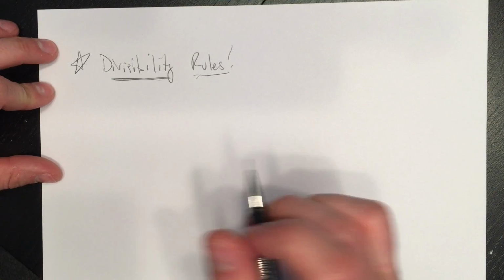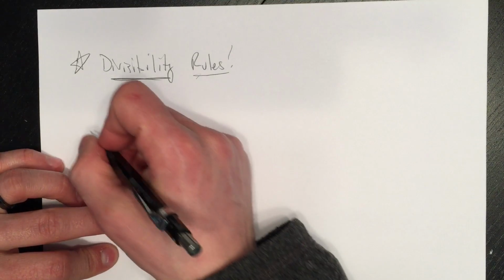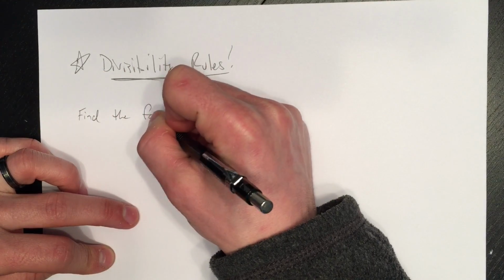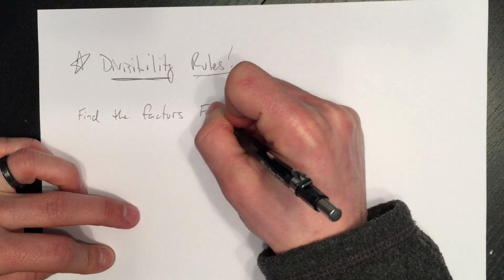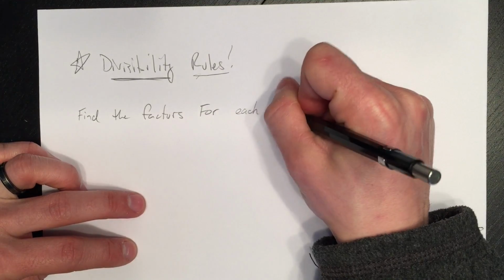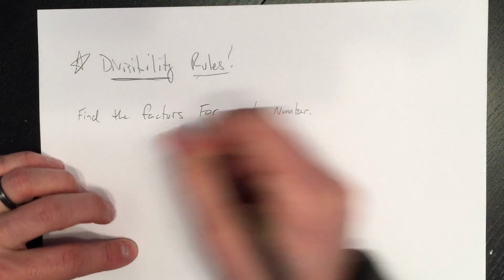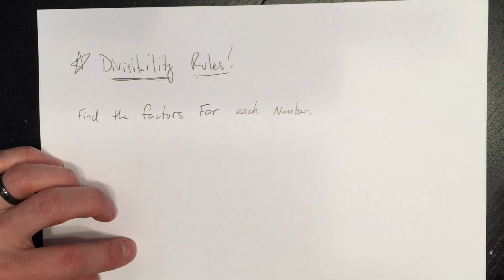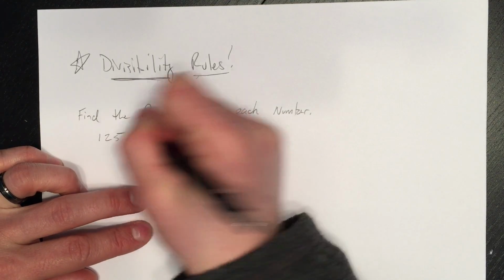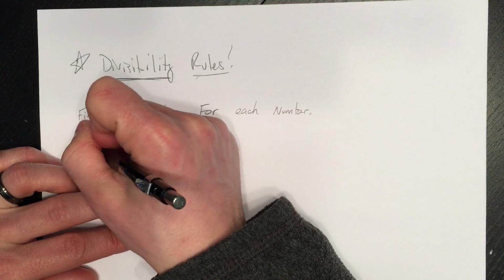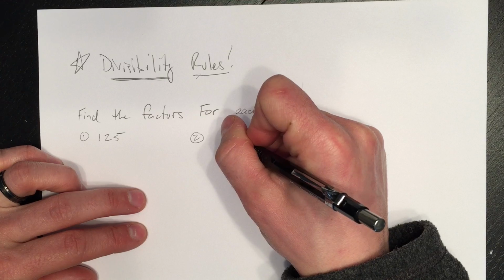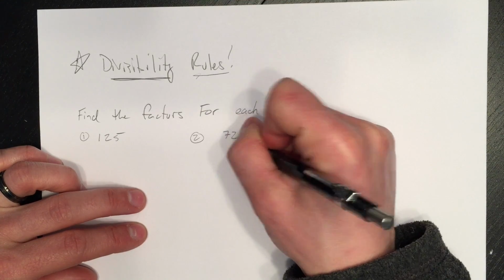All right, if you see a question and it asks this: find the factors for each number. And then it has some numbers like, let's say 125, and this is number 1, and number 2 would be 72.